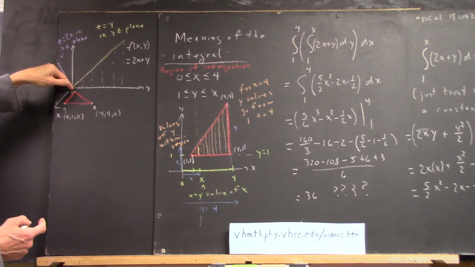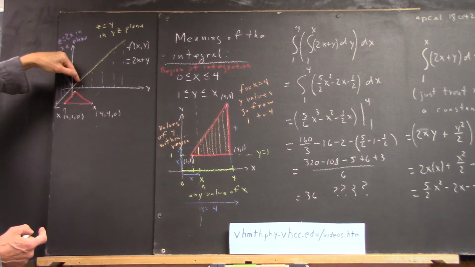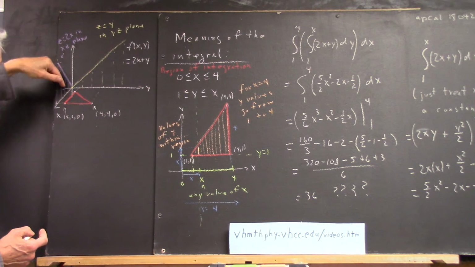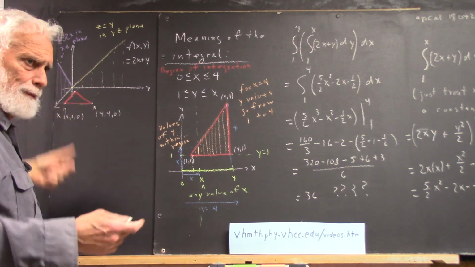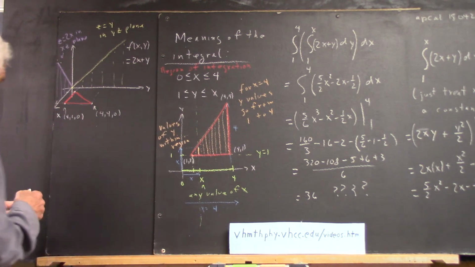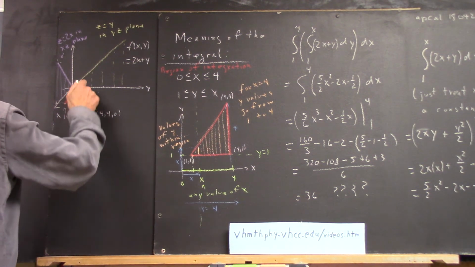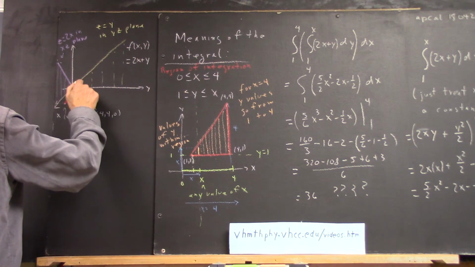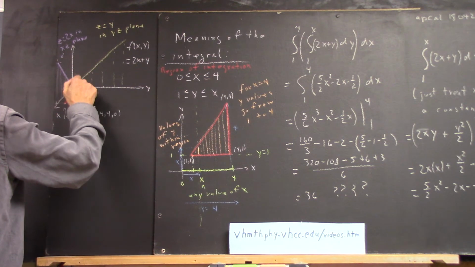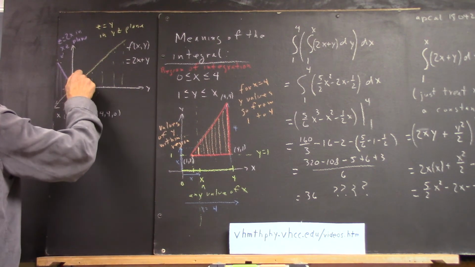Okay? So if you go 1 unit here, you go up to 1. Then you come out 1 unit from here, you go up another 2 because of this. And I'm being a little vague, but you want to think about that. And you get z equals 3. So you come out 1 here, then you come out in this direction and you go up 2 more here, and now you're at this point here.